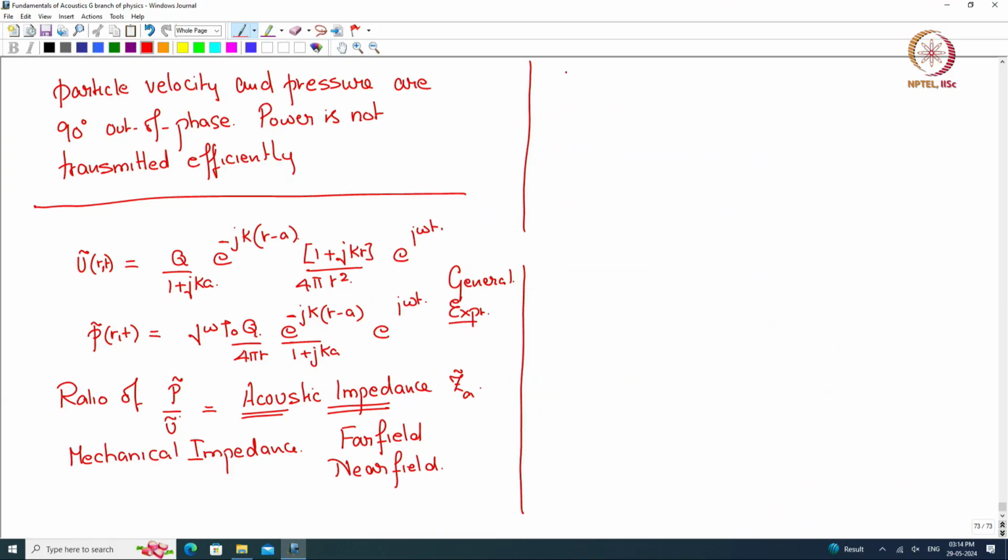So, if we take a look at this Z tilde A, what do we have? Time is anyway cancelled. This exponent is also cancelled, so I will not bother about it. So, what we get here is j omega rho 0 q by 4 pi r into 1 plus j k a.